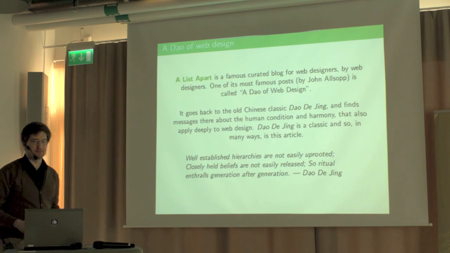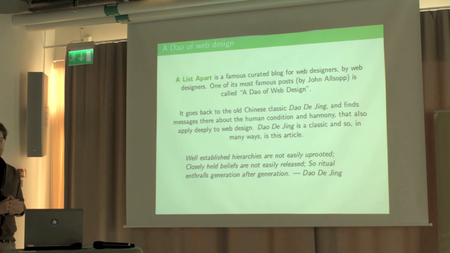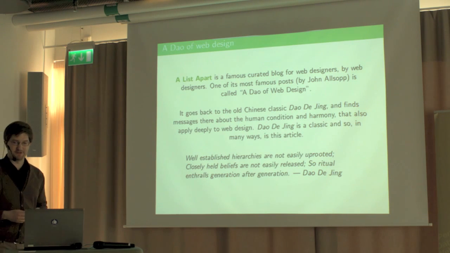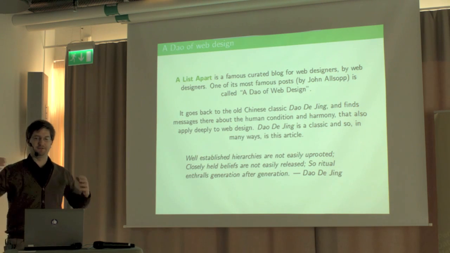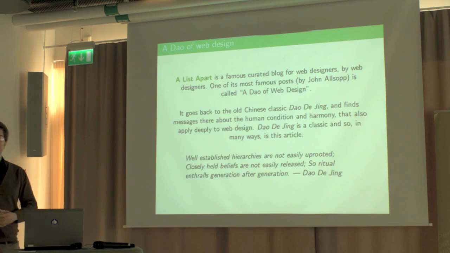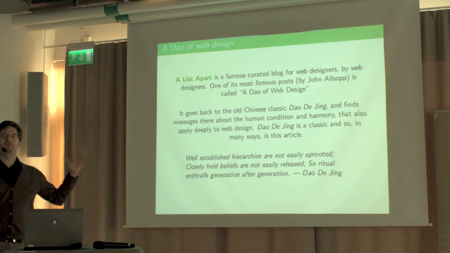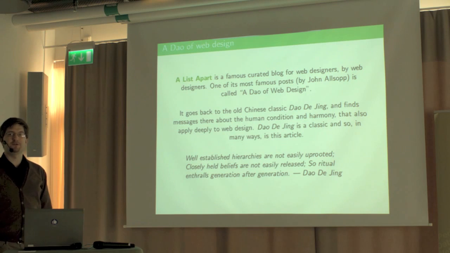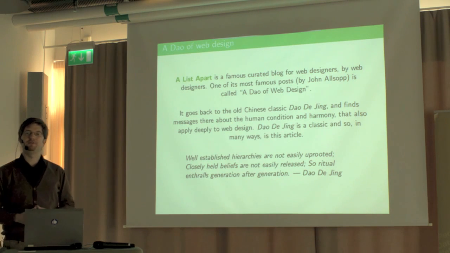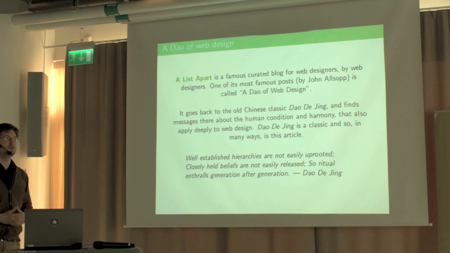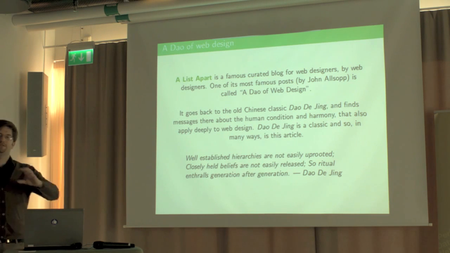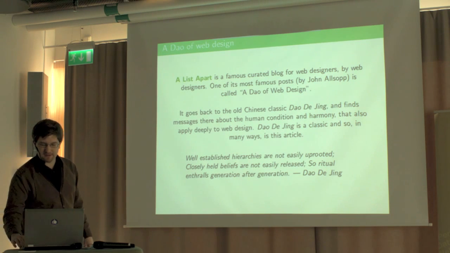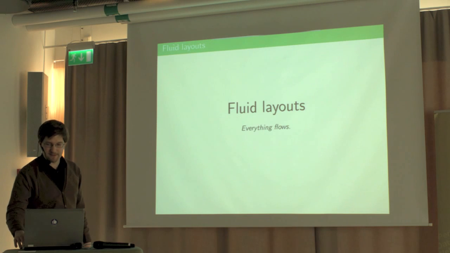And it says things like, well-established hierarchies are not easily uprooted, closely held beliefs are not easily released, so ritual enthralls generation after generation. Apply this to what we have been doing with screen widths and so on. Responsive has been there all along for everyone's taking, and it has been possible to solve, but we've been stuck to the screen sizes and how they have looked all the time.